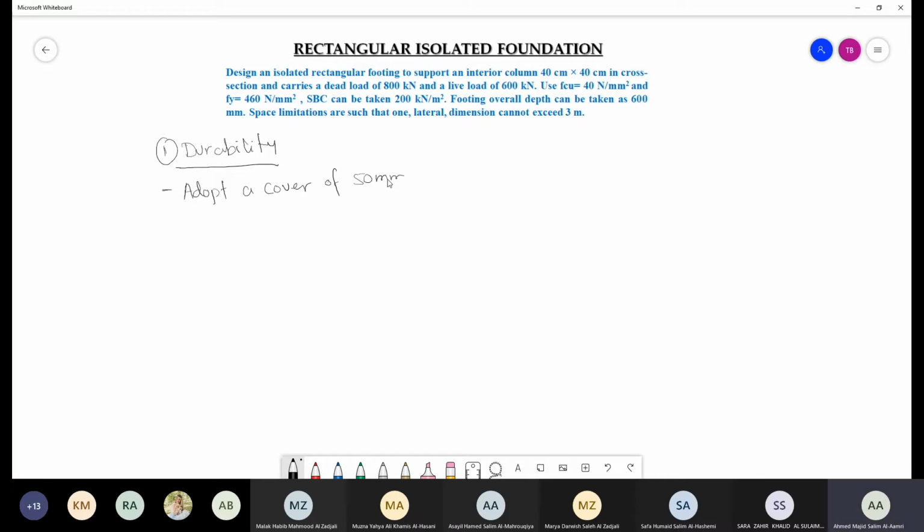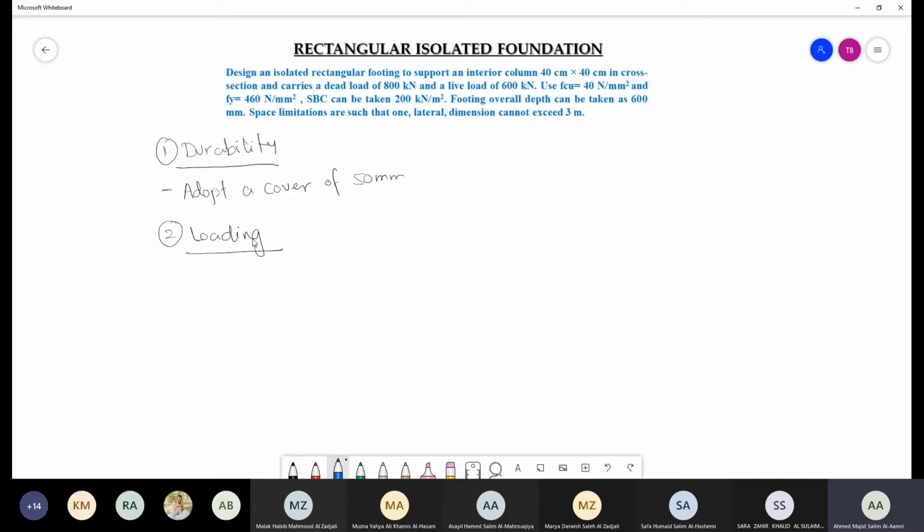After that, we are going to start calculating the loading. We said there are two types of loading.